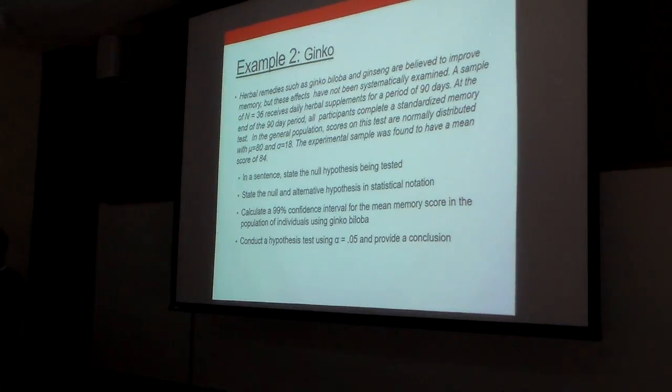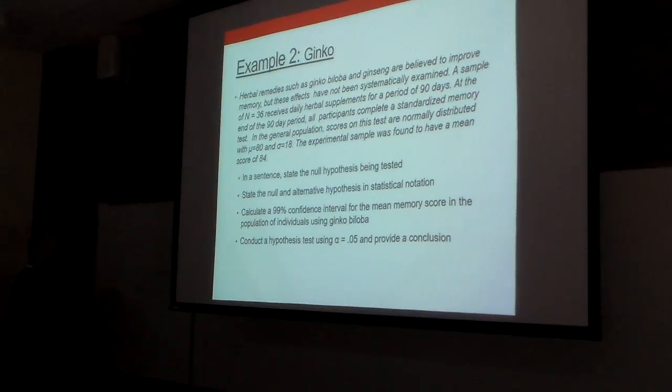Kate, if I were to have a sample of not 36 but 500, would that 4-point difference likely be statistically significant? At 500 people? Oh, yeah. I mean, we can do that real quick. What's 18 divided by the square root of 500? 0.8.